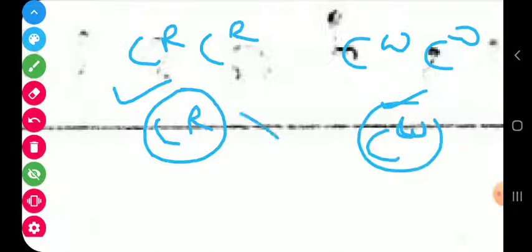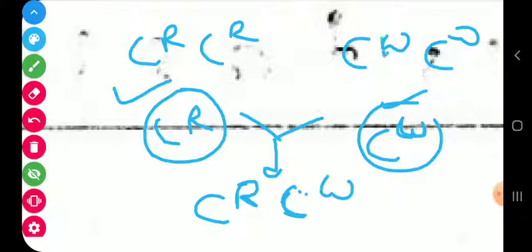But when these two fuse, what happens? In the F1 generation, you get CRCW. You get this intermediate thing.